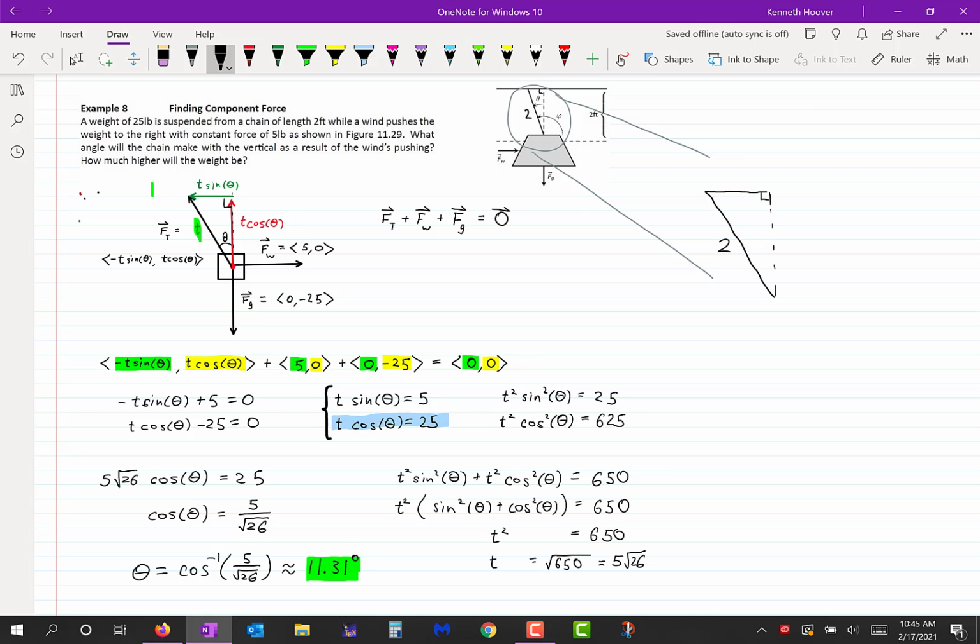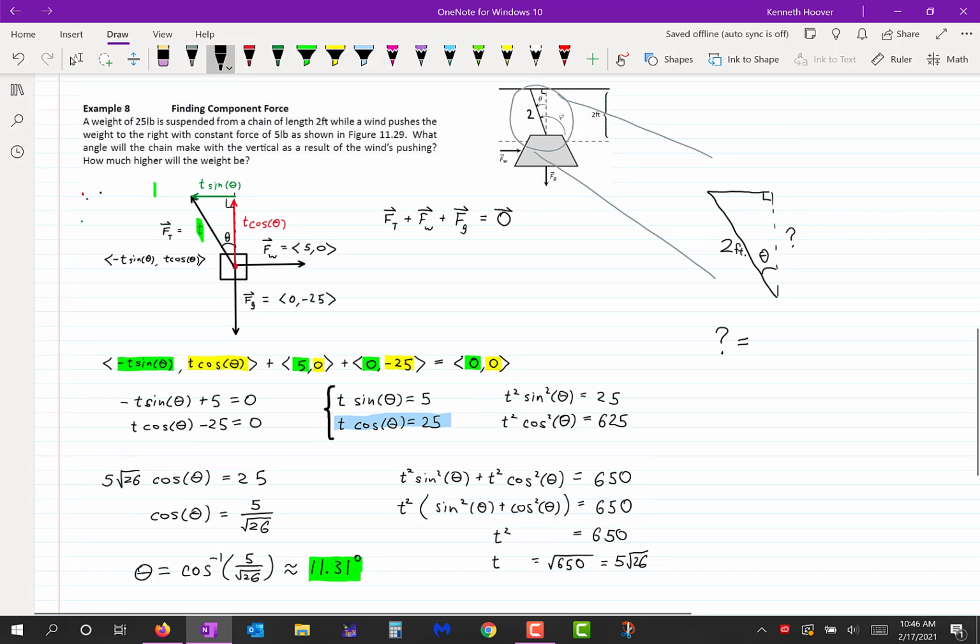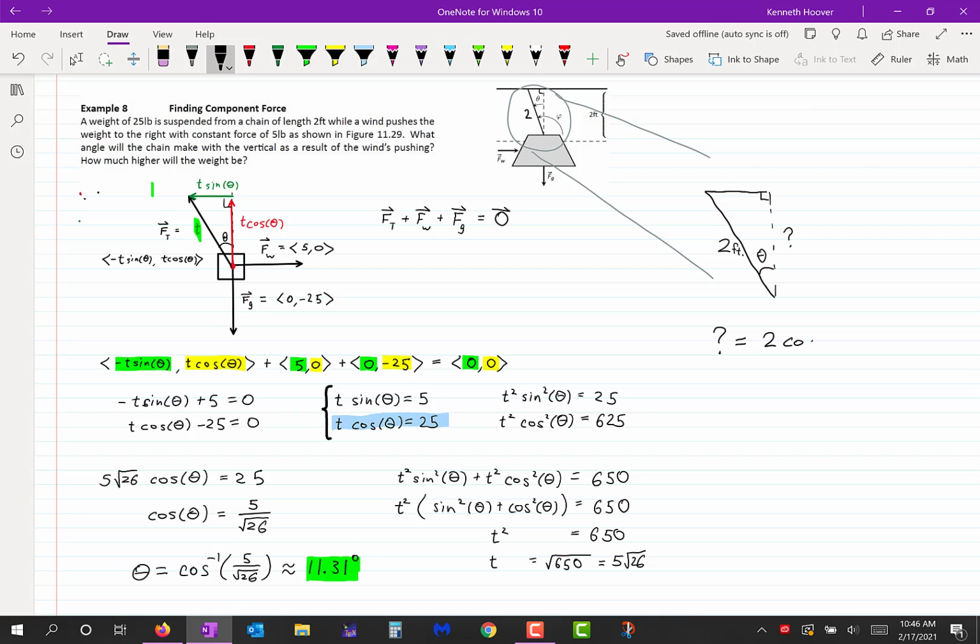And we know the hypotenuse is 2 feet long. Let's find out how long this is. We also know this angle, by the way, theta. It's highlighted down there. It's the arc cosine of 5 over the square root of 26, which is about 11.31 degrees. So how long is that question mark length? Again, trigonometry. That question mark has a length of 2 cosine theta.